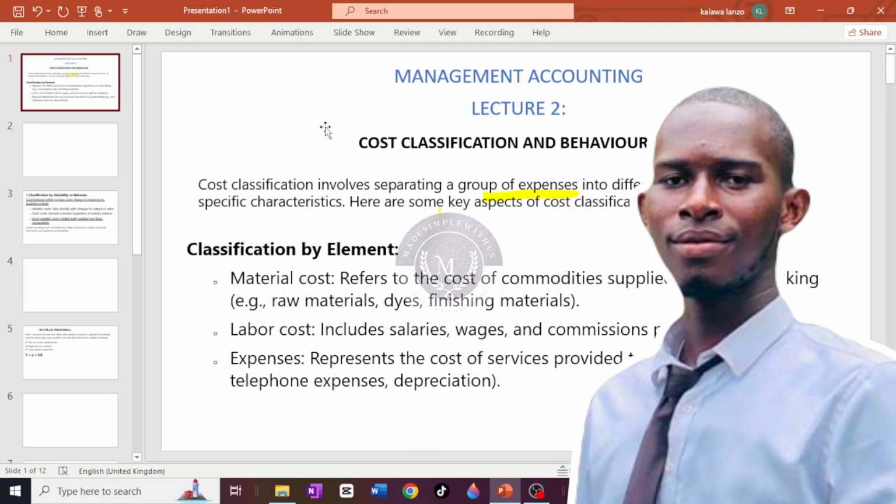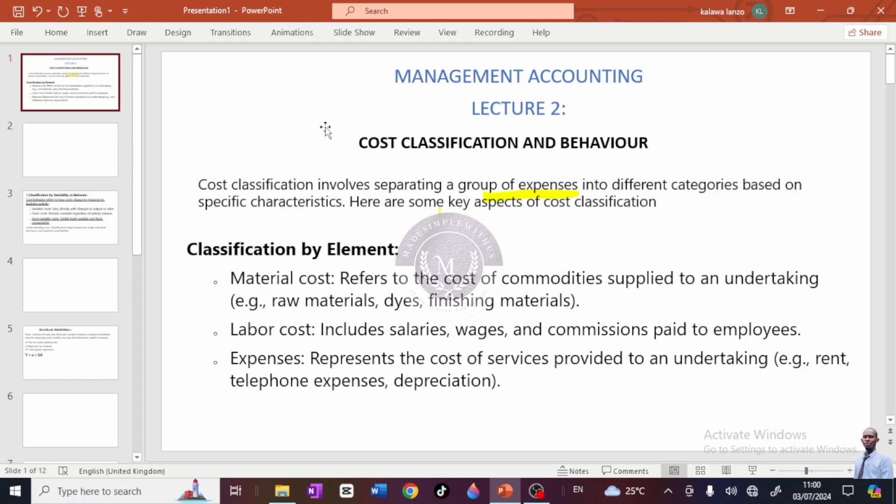So let's start. First of all, the role of the management accountant in the aspect of cost classification is to calculate whatever the company or the organization produces. So cost classification involves separating a group of expenses into different categories.